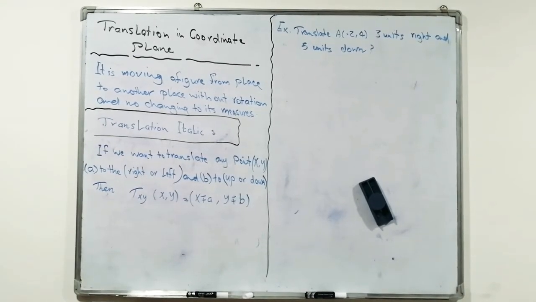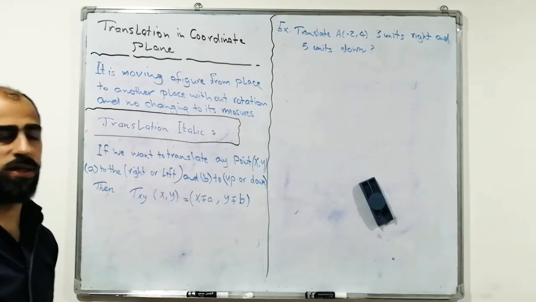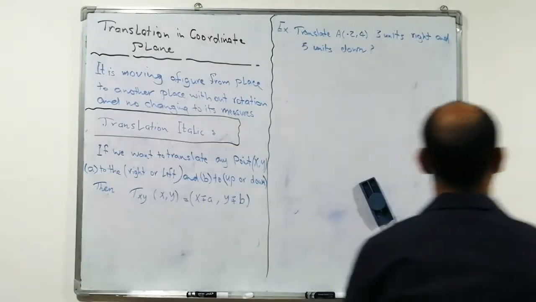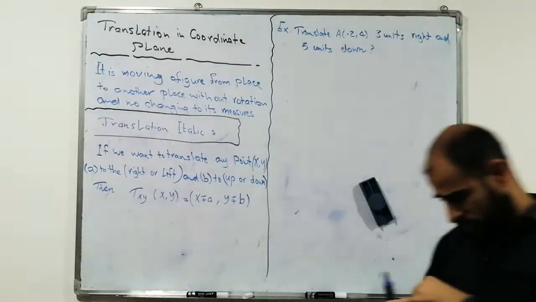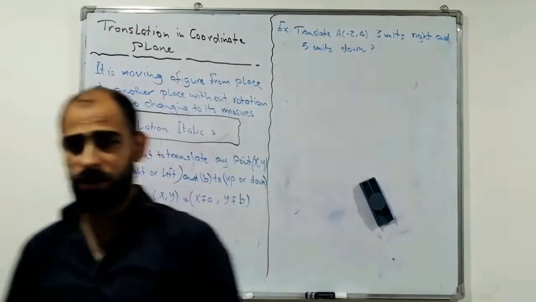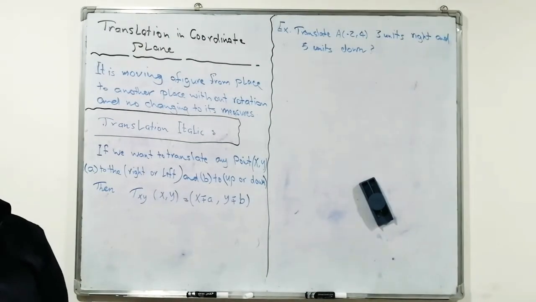Now the third kind or this kind is, as we say, it's combination, مثل ما قلنا combination between the first and second kind. هذا النوع من الانسحاب هو دمج للنوعين الأول والثاني. يعني النوع الأول هو the first kind is translation with x-axis. The second kind of translation is translation with y-axis.